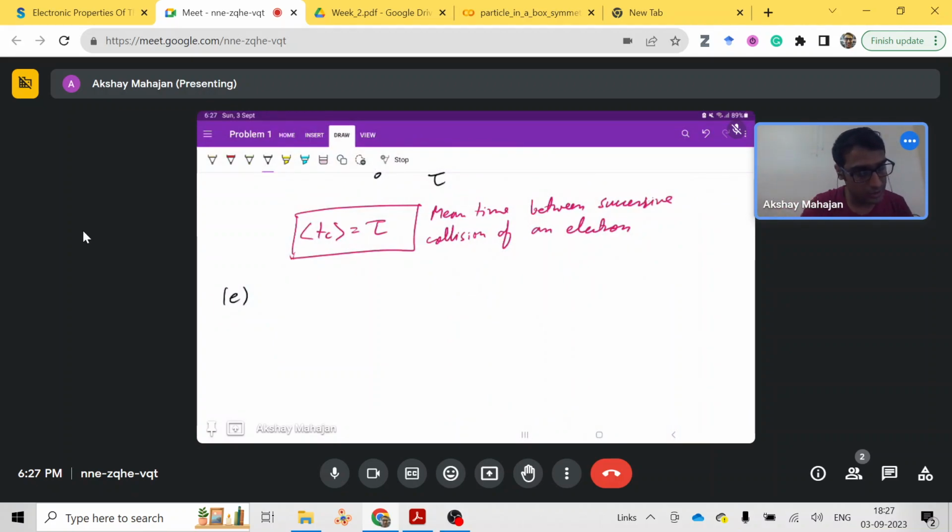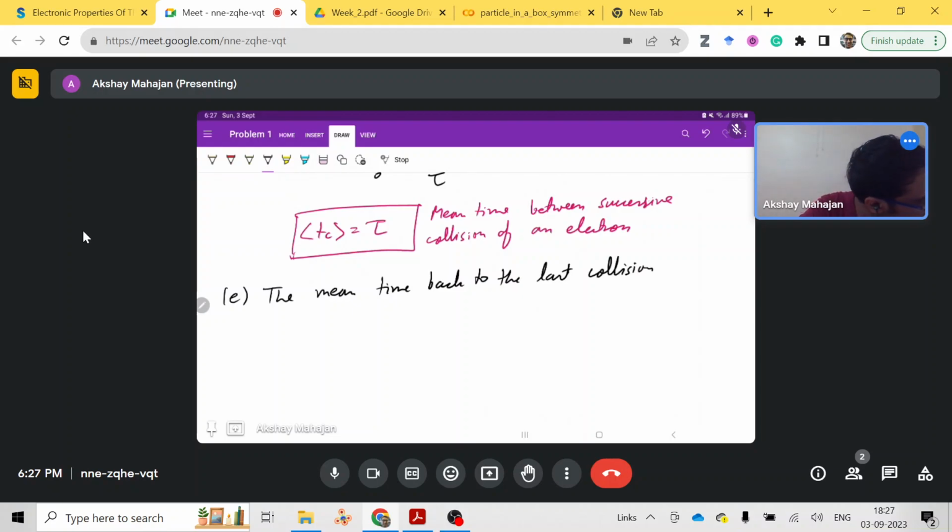Okay, the mean time back to the last collision, averaged over all electrons, is tau.